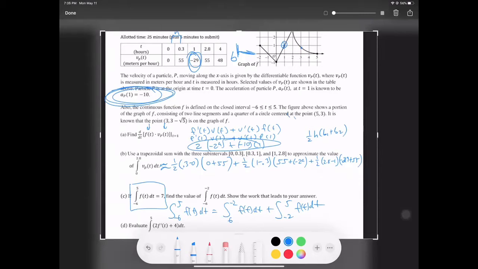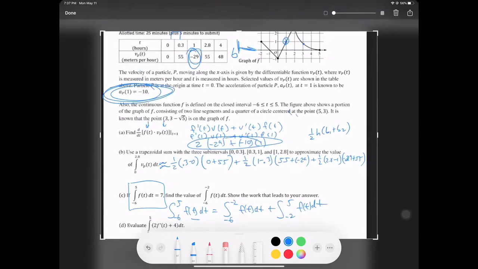Me working from negative 6 to 5 is the same as breaking it up into two pieces, from negative 6 to negative 2, and from negative 2 to 5. We know that this is 7 here. That 7 is equal to the integral from negative 6 to negative 2 of f of t dt. That's what they want us to find.